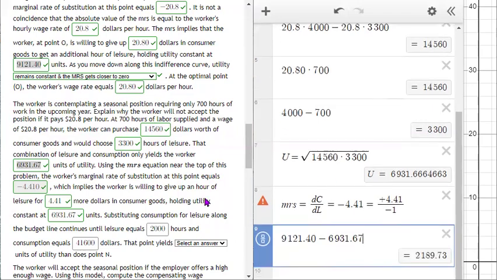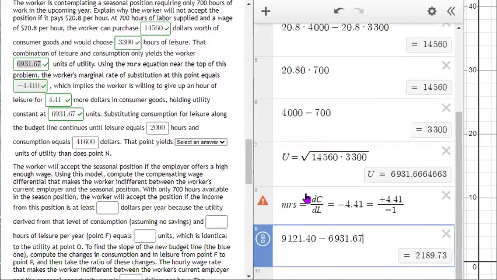And the difference is 2,189.73. Okay, so it's got to be this one, this one, this one, or that one. Which one's the closest? This one here, 2,189.